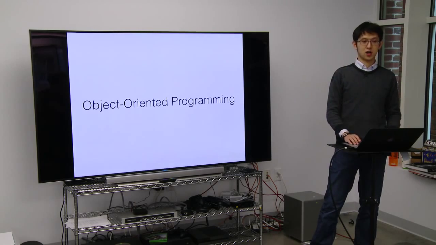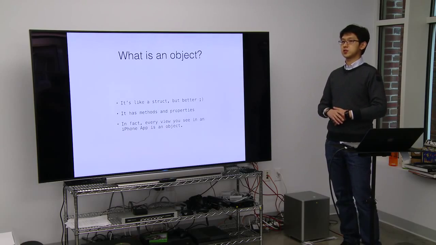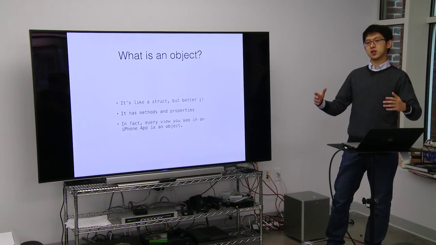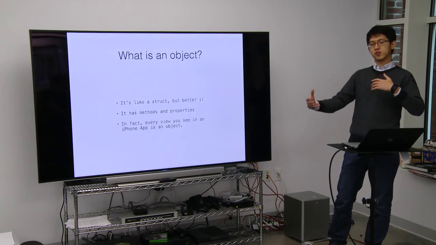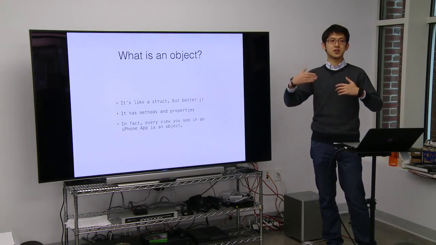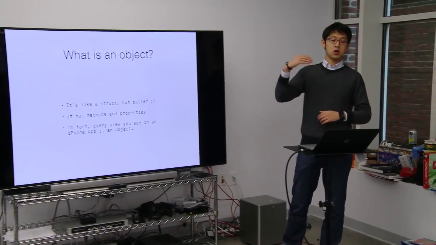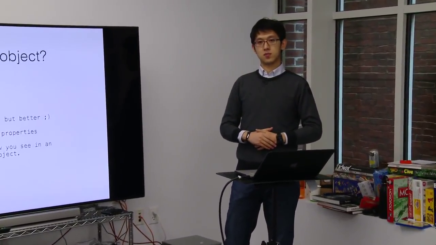So before we get into Objective-C syntax, let's really quickly look at what exactly an object is. We've probably done something like an object before, which is called a struct, when you are implementing a tree or a linked list or a trie. So it's basically like a struct, but it's much more powerful than that.